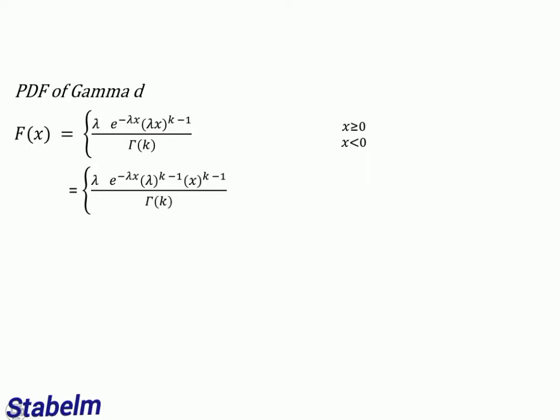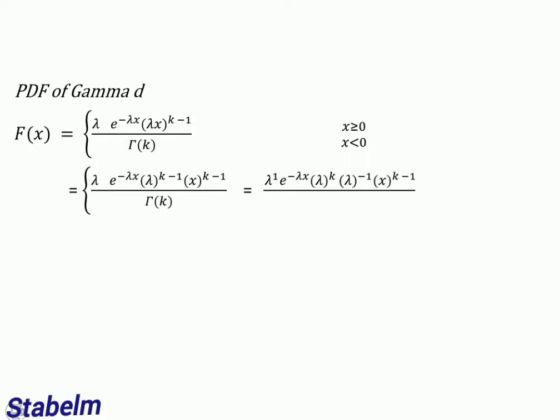Then this is also equal to lambda raised to power 1 exponential raised to power minus lambda x, lambda raised to power k into bracket lambda raised to power minus 1 x raised to power k minus 1 divided by k.